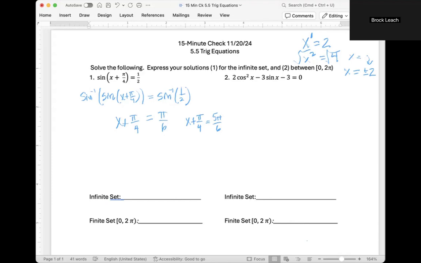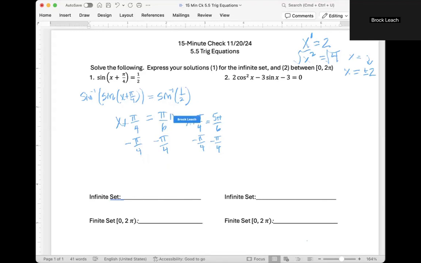At any rate, now we want to solve both of these. So we have to subtract pi over 4 from both sides, and that will solve this for x. So we need to get a common denominator here. We're going to use 12 since 6 and 4 both go into 12.